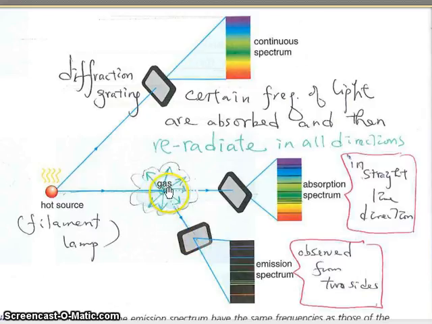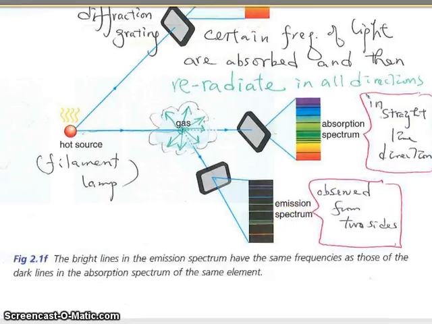The re-radiated light is of special frequencies, so you will have an emission spectrum. Okay? The most important part is that the gas molecules absorb some frequencies of light and then re-radiate to other directions.